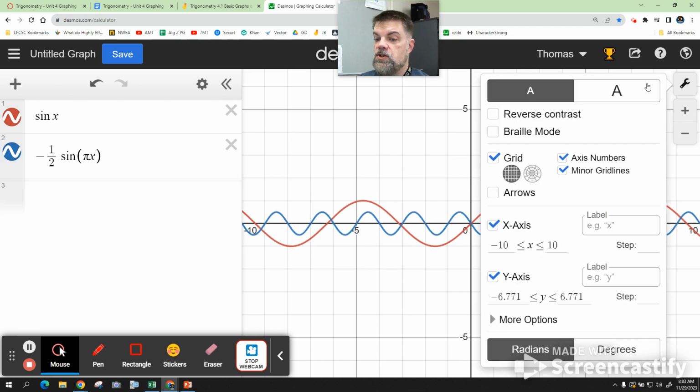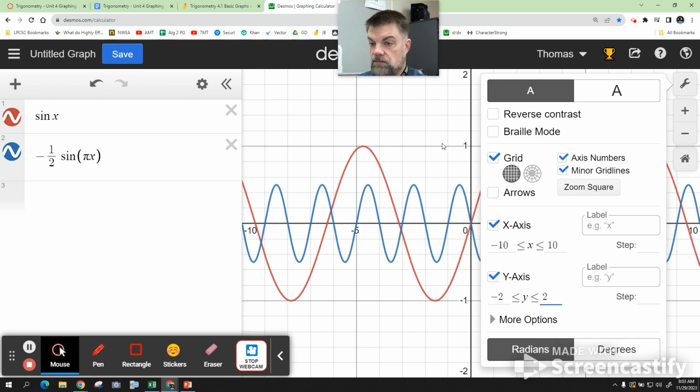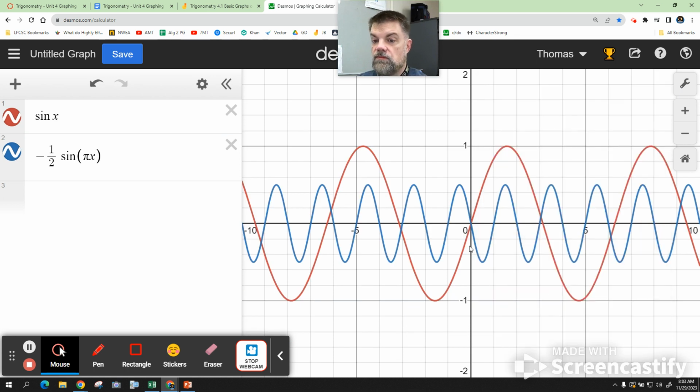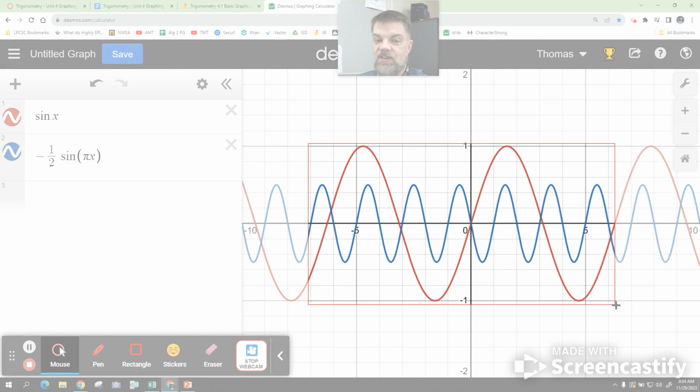Okay? I'm going to zoom in so we can get a little bit better look at that. We'll do like negative 2 to 2. And so if you look at the 2, well, I'm just going to take a picture of this. Obviously, the graphing calculator does a much better job than Mr. Adams drawing it by hand. Let me see if I can get in there.